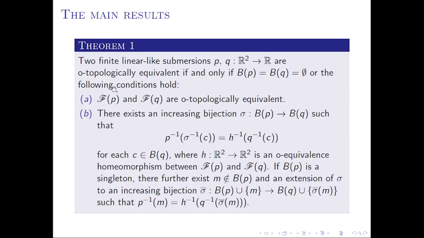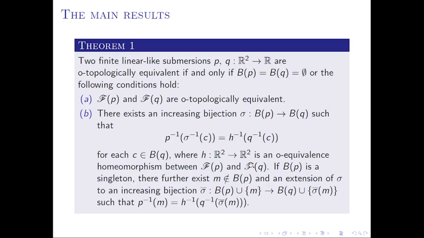The first one says that the regular foliations given by P and Q respectively are all topologically equivalent, and the second condition says that there is an increasing bijection sigma between the bifurcation sets such that this condition holds for each real C, that is a bifurcation value of Q, and H is an all equivalent homeomorphism between the regular foliations given by P and Q respectively.